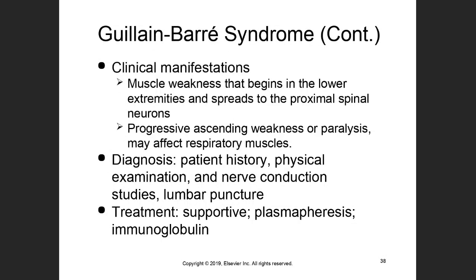Classic manifestation: muscle weakness that begins in the lower extremity and spreads to the proximal spinal neurons. Progressive ascending weakness or paralysis. That's the main sign and symptom. It's also called progressive ascending paralysis. Okay? That's the main sign and symptom of this disease.